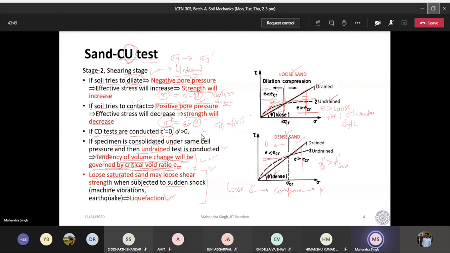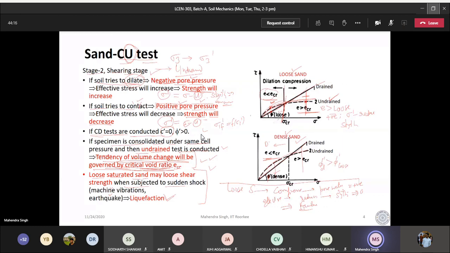So there is pore water pressure, and it will be positive. That means effective stress reduces, or it may even become zero. When it reduces, the strength reduces, or strength may even become zero. And when strength becomes zero, there is a failure. This phenomenon is called liquefaction, and I think I have already discussed it.